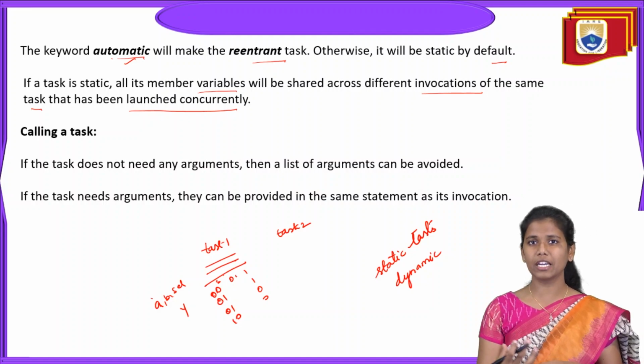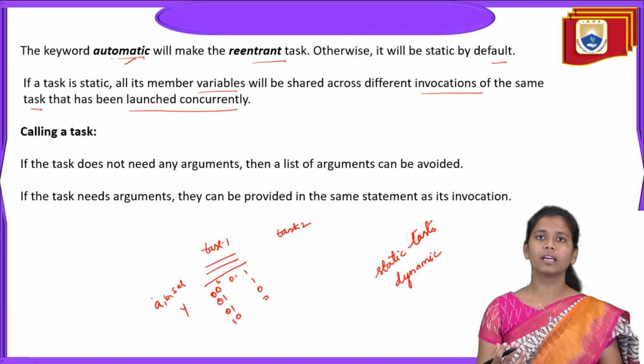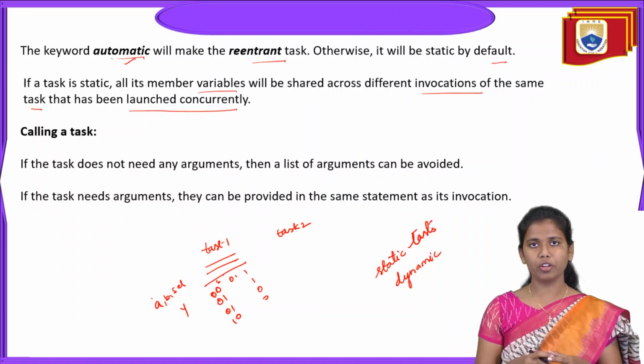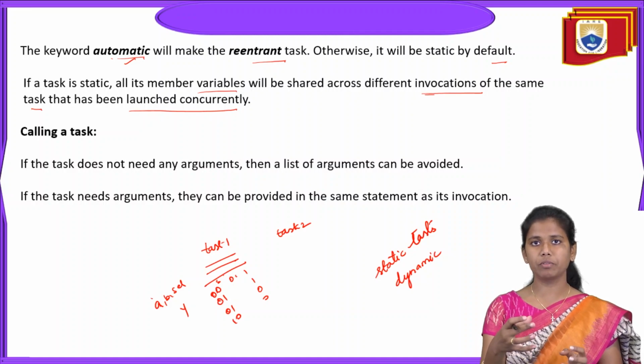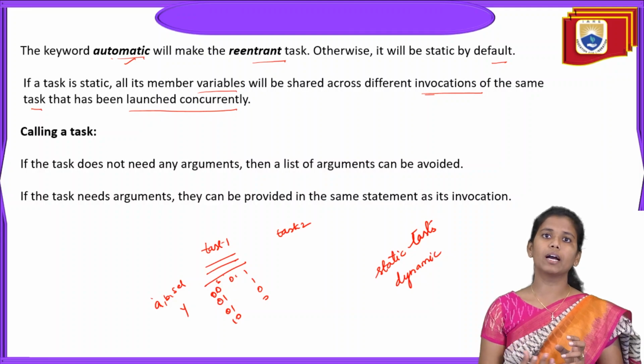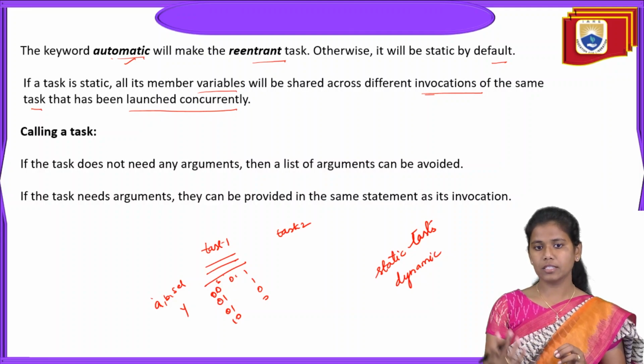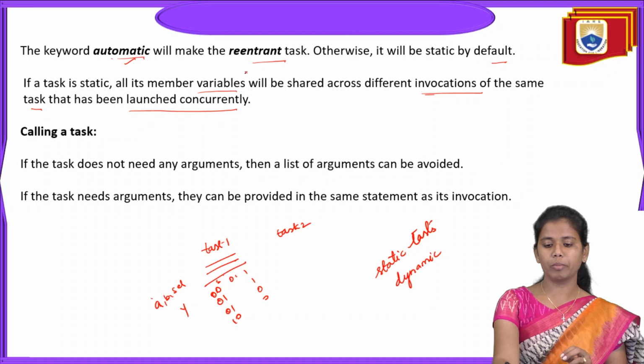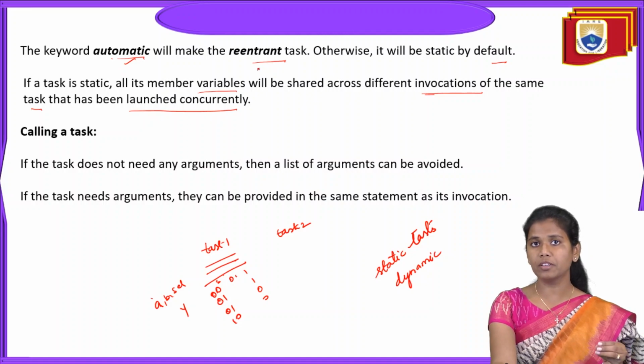Concurrently, we can see changes occurring inside the same task across different invocations. This is why making the task automatic makes it a re-entrant task.